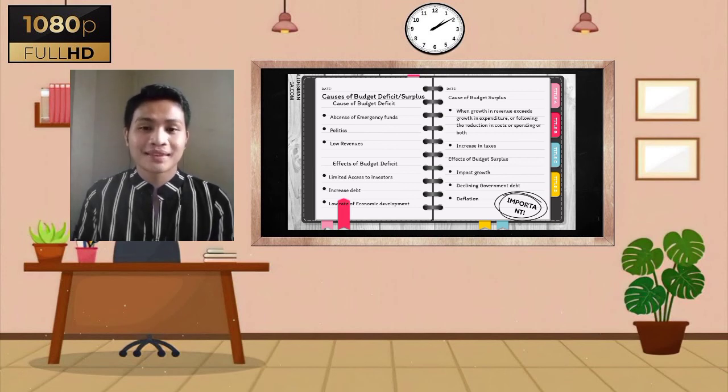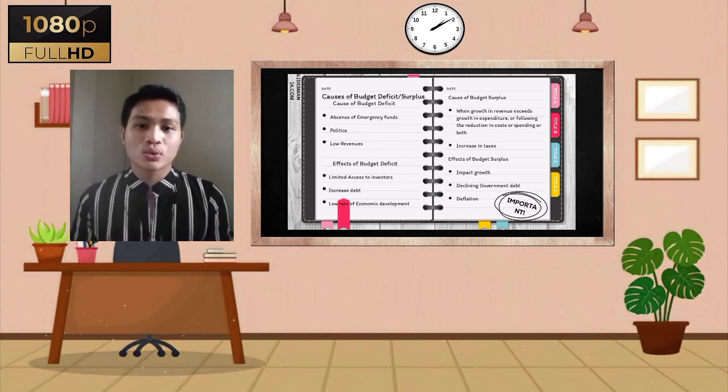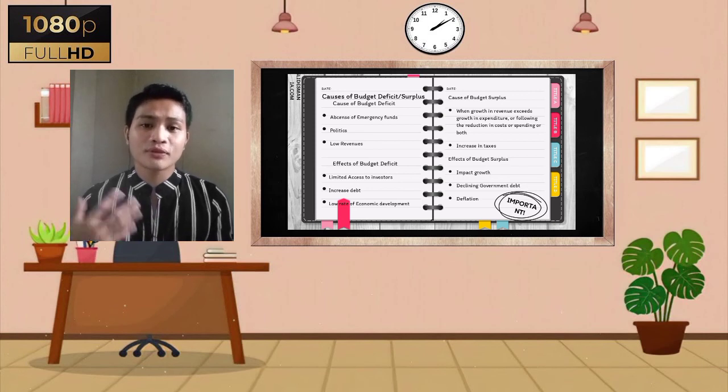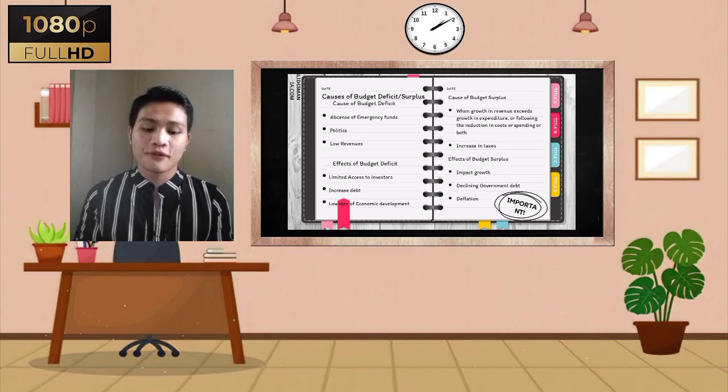When the taxes of our employees increase, the government would have a lot of money to save for the near future. And the effects of budget surplus are the impact of growth, declining government debt, and deflation.